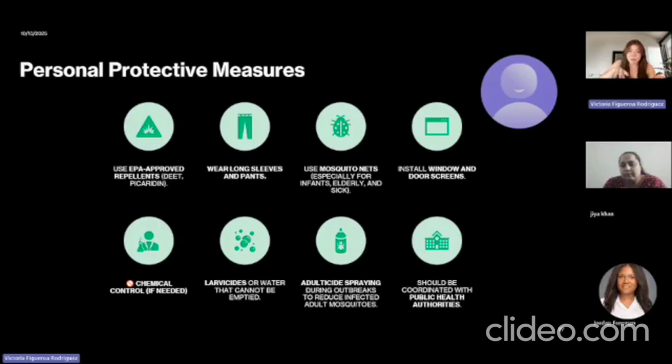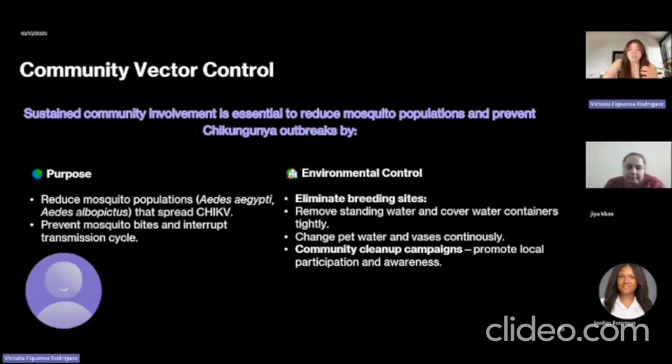And I can recall, as a child in school in Puerto Rico, there was a big outbreak of chikungunya. Everyone was bringing repellents to the school. They wanted you to wear long sleeves. As time passed, people got used to it, like any other virus and disease, and it's not as bad right now. So, community vector control: how, as a community, we can prevent outbreaks in big masses or big populations.